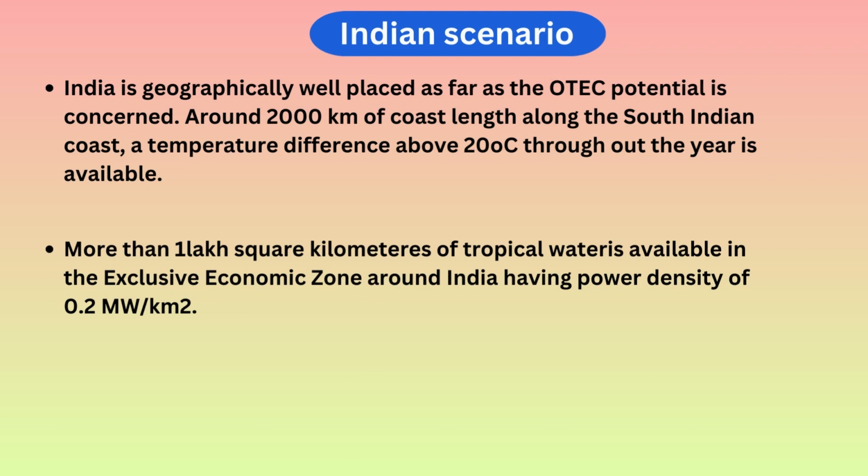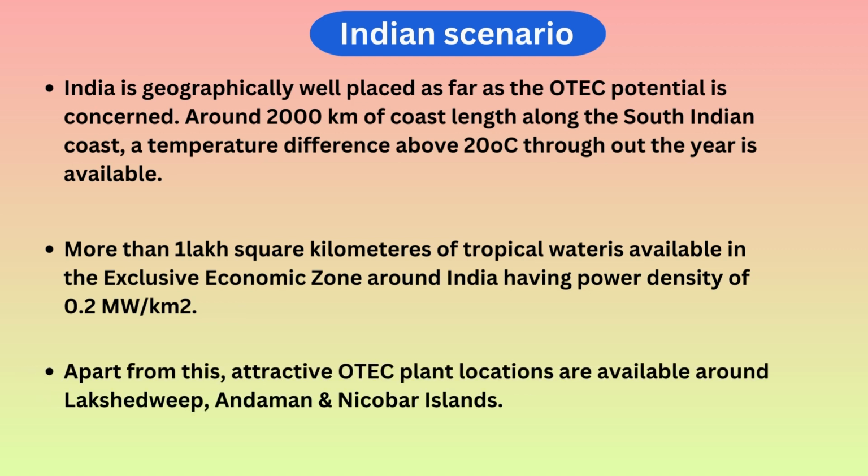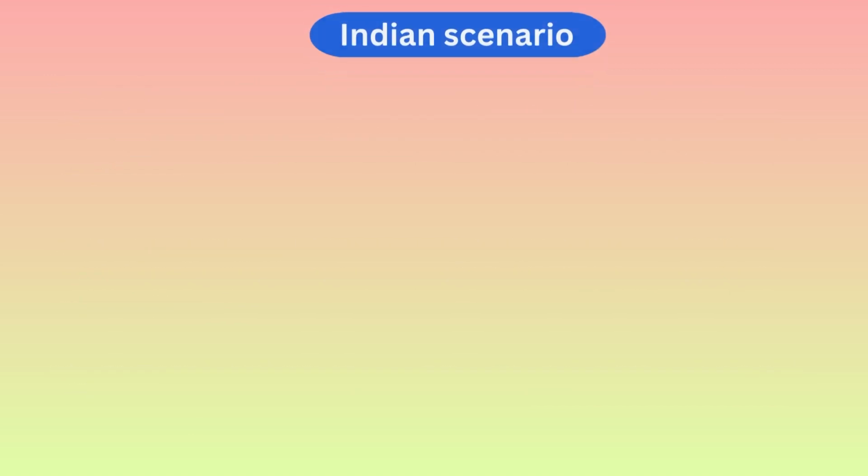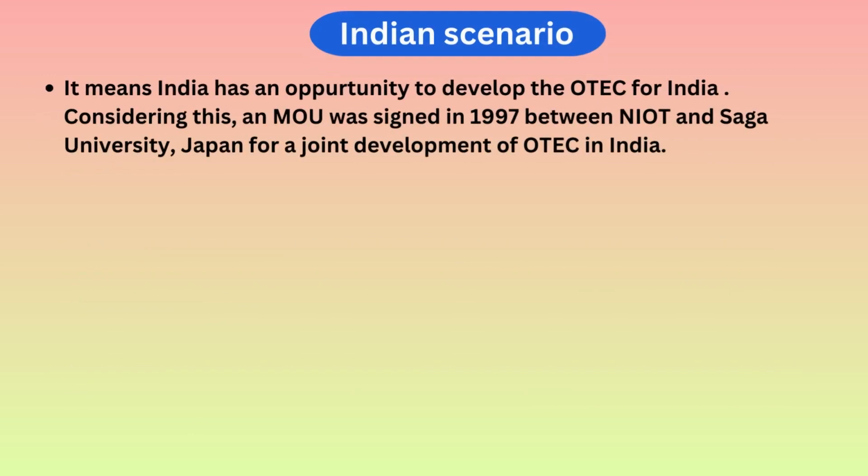More than 1 lakh square kilometers of tropical water is available in the exclusive economic zone around India, having a power density of 0.2 megawatt per square kilometer. Apart from this, attractive ocean thermal energy conversion plant locations are available around Lakshadweep and the Andaman and Nicobar Islands. It means India has an opportunity to develop ocean thermal energy conversion systems.